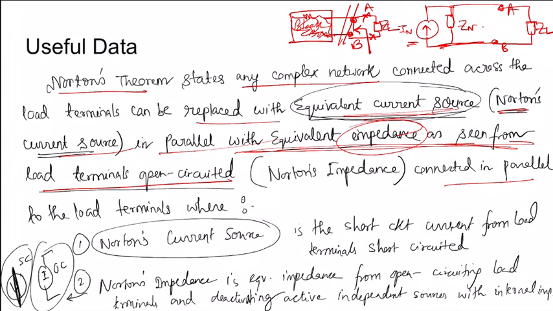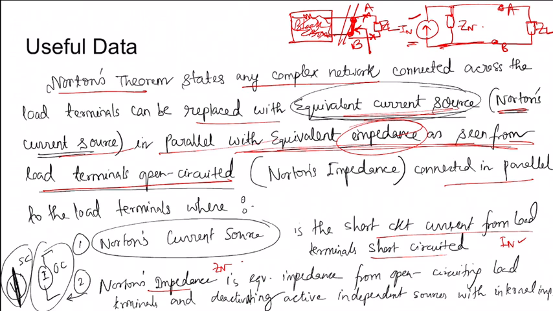Now the step is to open circuit the load first and calculate the short circuit current, from where you will determine the IN value. After that, Zn is determined by deactivating all the independent sources, shorting the ideal voltage sources, since their internal impedance is 0, and open circuiting the ideal current sources, since they have infinite internal impedance.